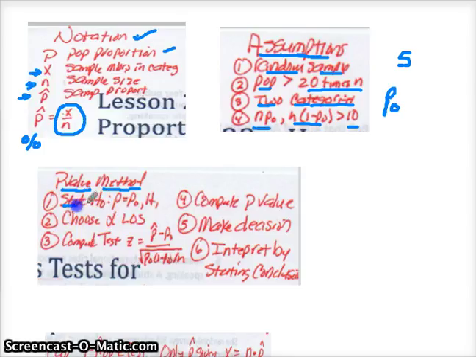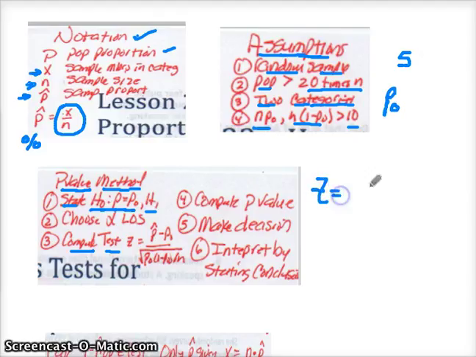Obviously, step number 1, we're going to claim the null hypothesis, saying that the percentage of the population is a certain amount. And then you're going to say H1. Remember, it could be greater than, not equal to, less than. Compute your test statistic. Remember, it's a z-score.